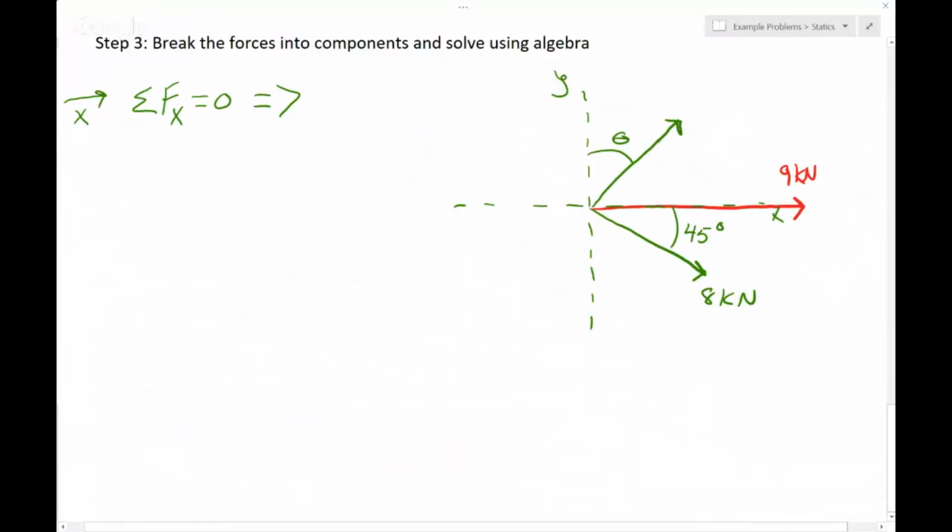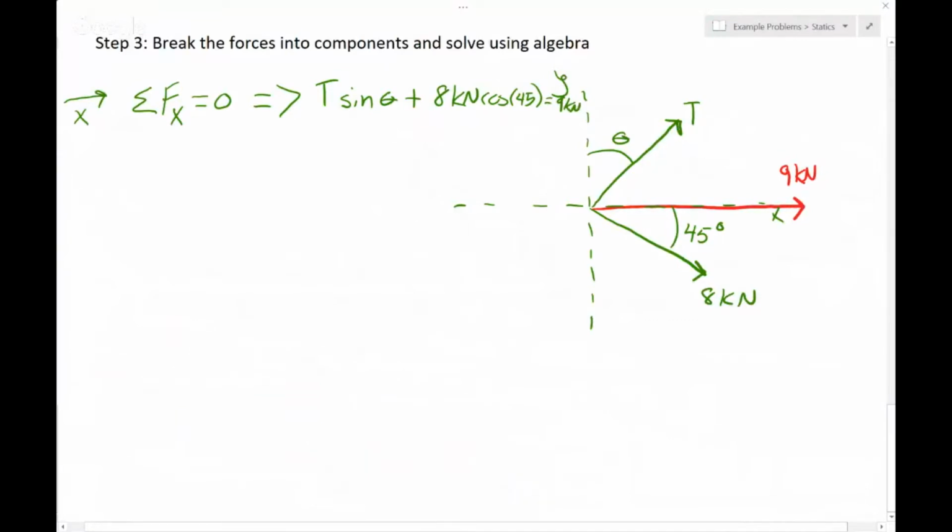So if we take our component here, we can break this down into the amount of force that's acting along the Y and the amount of force that's acting along the X due to the T. And so then in equation form, that'll end up being T sine of theta plus 8 kilonewtons cosine of 45 is equal to 9 kilonewtons.